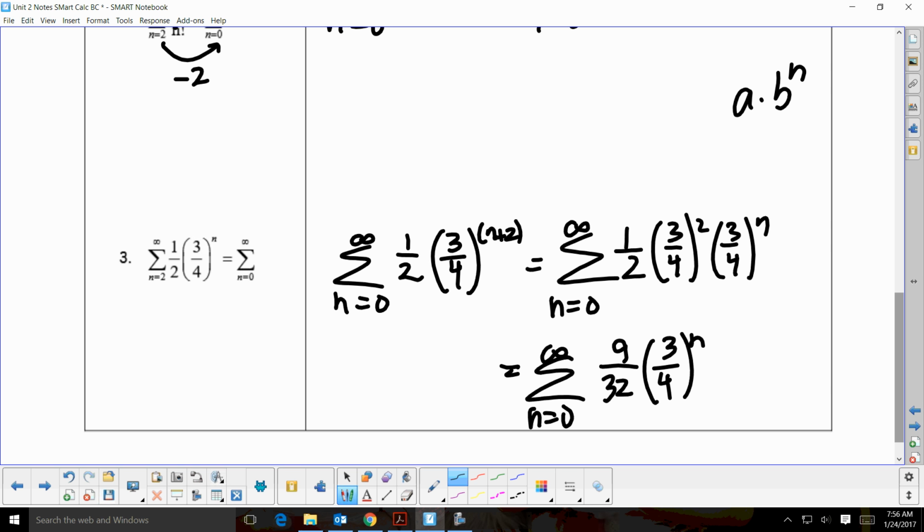Emily, is that? Anybody know what form this is? What kind of series? Just curious. It's on the board over there. Just take a guess. Yeah, it is geometric.